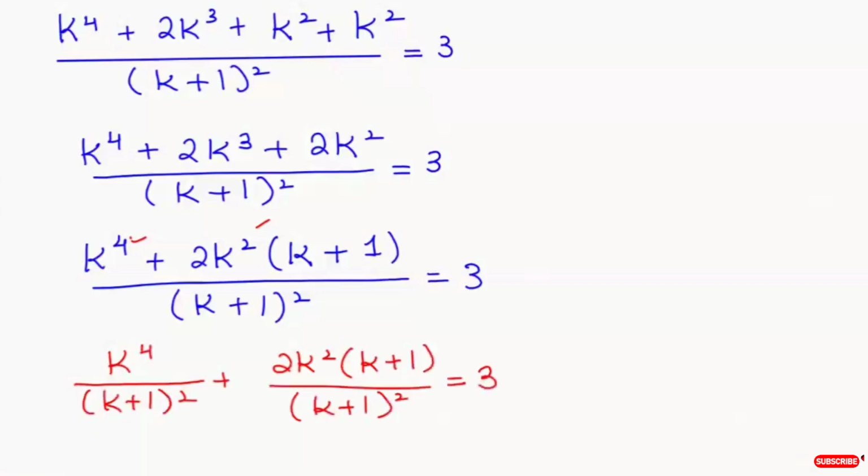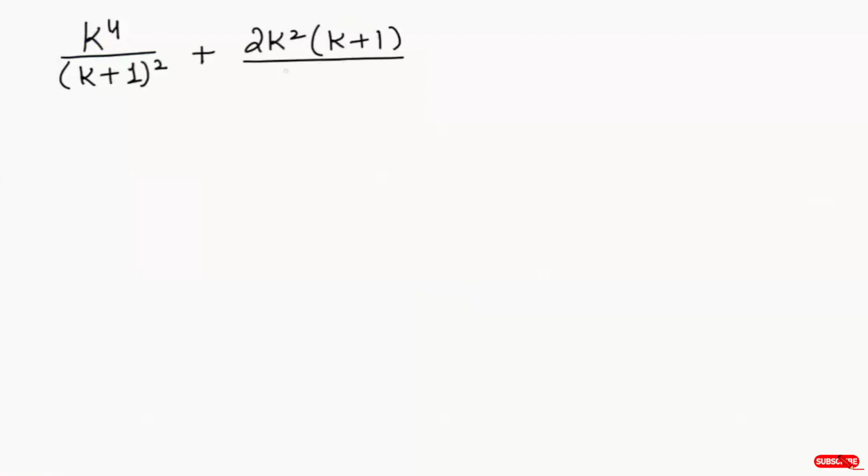Here we're going to apply the algebraic identity. A plus b whole to the power of 2 can be written as a plus b and a plus b. So k to the power of 4 over k plus 1 whole to the power of 2 plus 2k square k plus 1 over k plus 1 and k plus 1 is equal to 3.